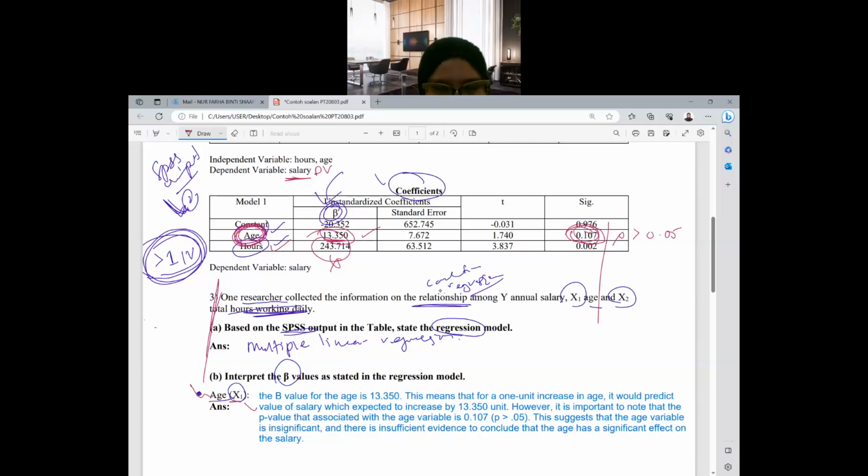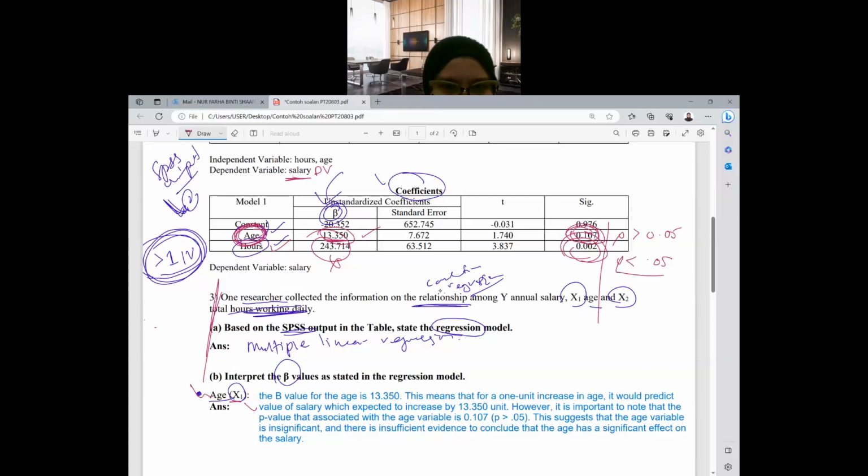So what else do you need to look at? You need to look at the significant value, 0.002 here. The p value associated with the working hours variable is 0.002, which is less than 0.05. If your p value is less than 0.05, your null hypothesis needs to be rejected.